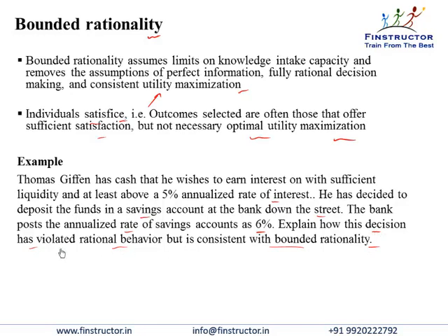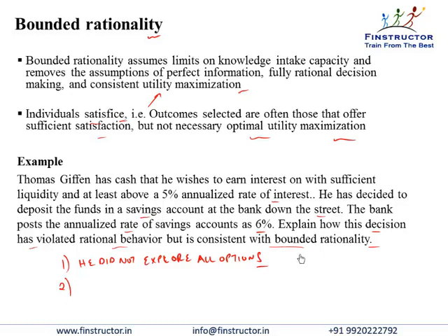So for the first part, it is sufficient to say that he did not explore other options. Or you can say he did not explore all options, hence he cannot be utility maximizing because all options need to be considered. This is enough.